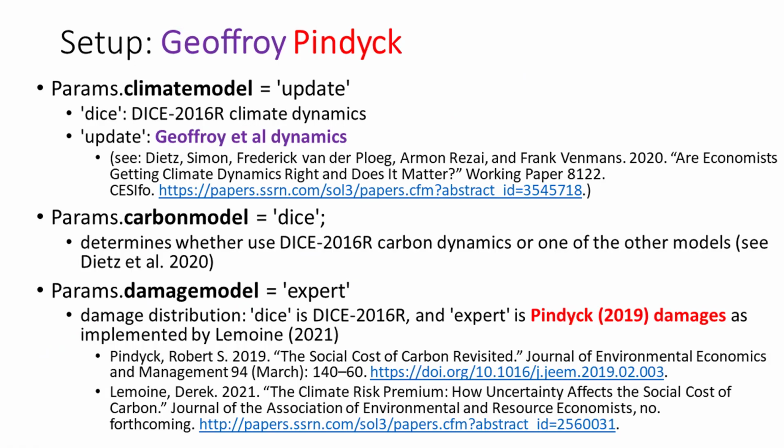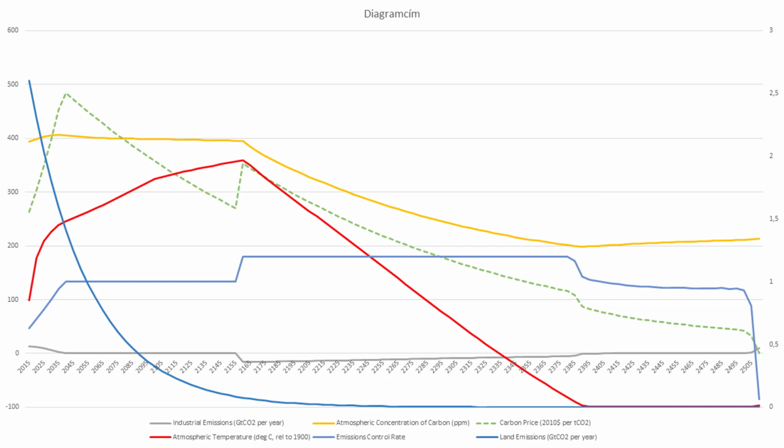So if we are using the other fancy ones, I was using the updated Geoffroy dynamics and also the Pindyck avoiding fat-tailed GDP losses approach, then here we have a way more aggressive temperature change in the atmosphere.